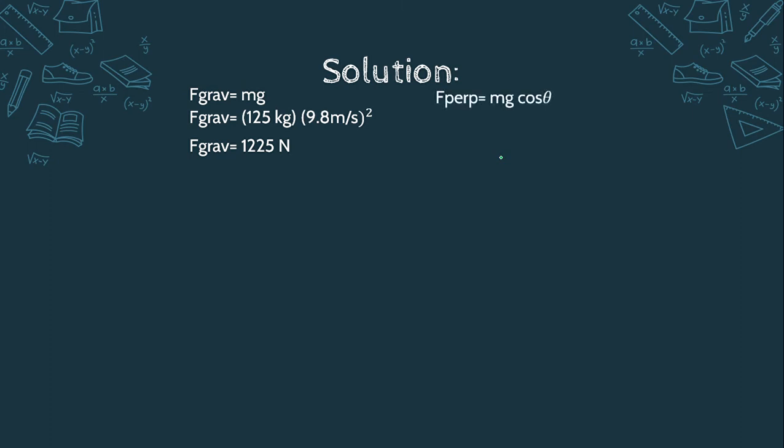Then we will find the F perpendicular, in which the formula that we will use is mg cos theta. We need to input the values. What I did here is a shortcut method, in which I automatically put the solution of F grav here.